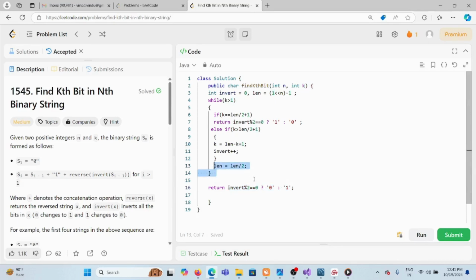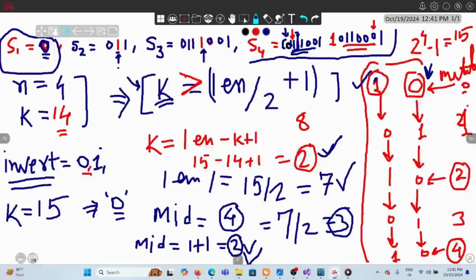So if we are not returning inside, the k might have certain values which are not returning there, then we have to look for it this way. For example, if k equals 15 in our case, what will happen? We are directly coming to k equal to 1. So k equal to 1 is the very first value, which is 0.